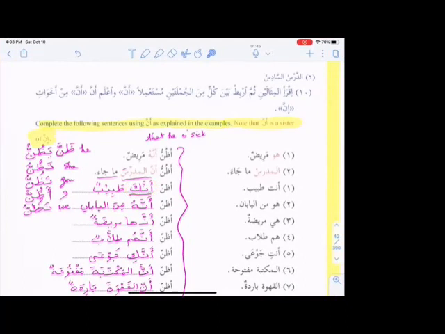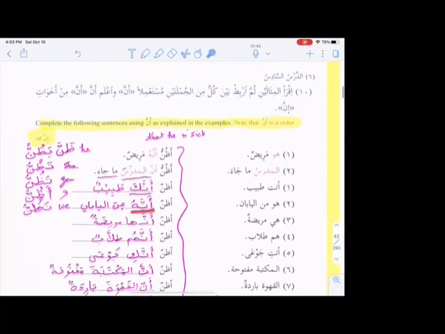هو من اليابان. أظن, I think he's from Japan. أظن أنه. See here, أنك, أنه من اليابان. هي مريضة. أظن أنها. Different pronouns are coming here. أظن أنها مريضة.